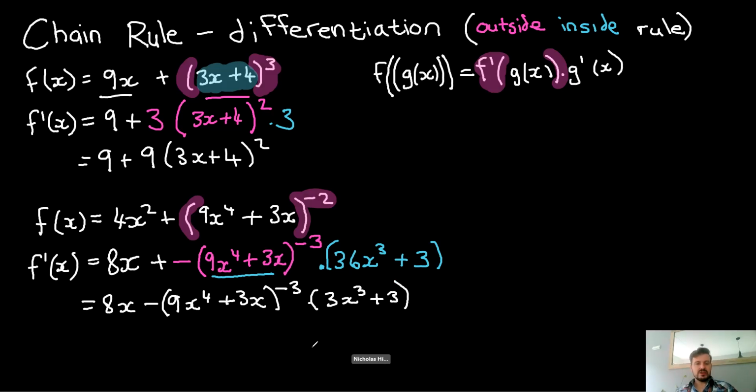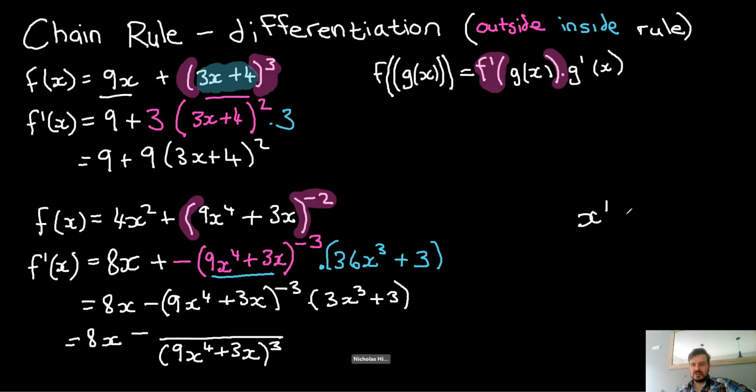Okay, now sometimes they don't want you to have a negative exponent. So what you could do is you could say minus, so this 9x4 plus 3x to the -3, it could go to the bottom and be to the power of +3. So remember, that's from when we were doing exponents, one of our exponent laws says that when you take a negative, so in other words, if you had x to the -1, that could go to the bottom and just become x to the +1.